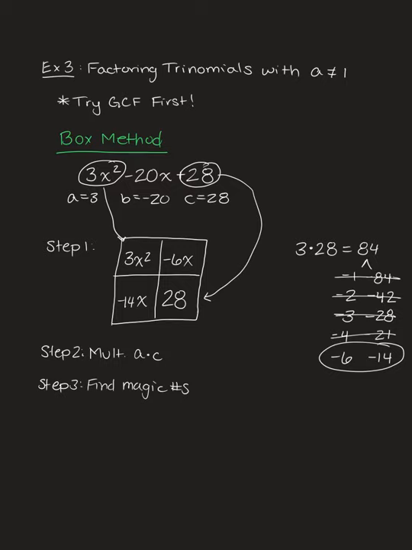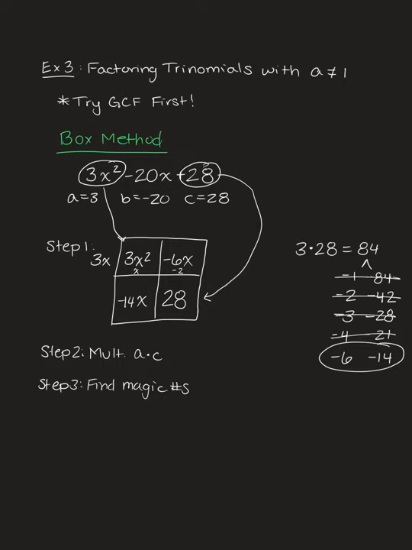So if I look at this row here, what is my greatest common factor between 3x squared and negative 6x? So 3 and 6, greatest common factor is 3, and I can factor out an x. Now, if I factor out a 3x from 3x squared, I'm going to get x. If I factor 3x out of negative 6x, I get negative 2.